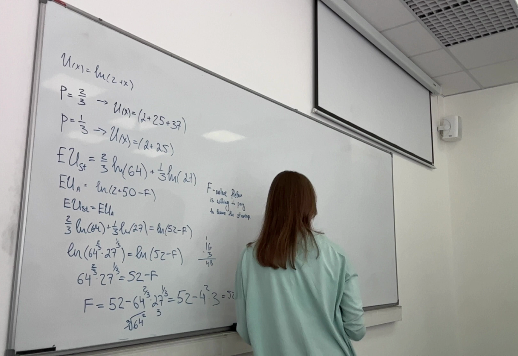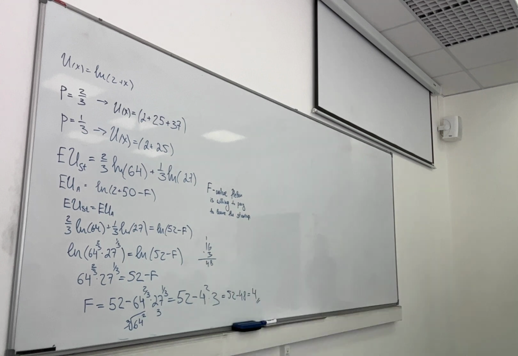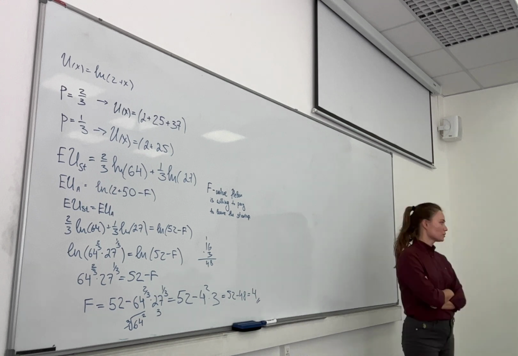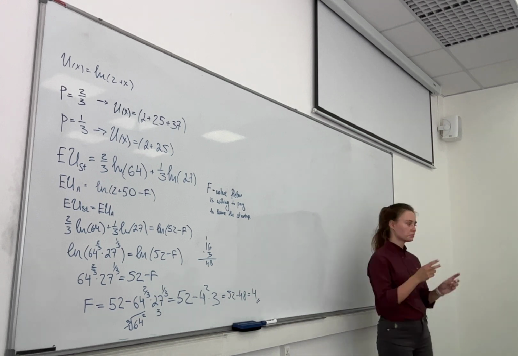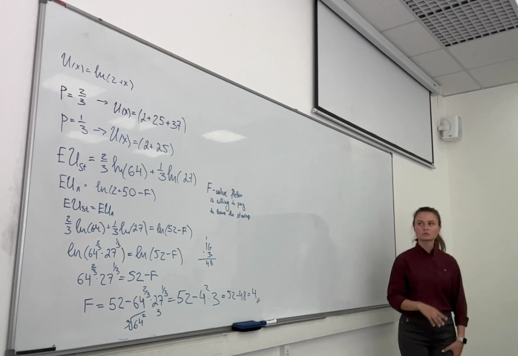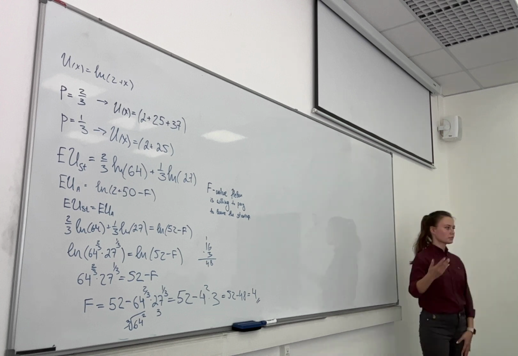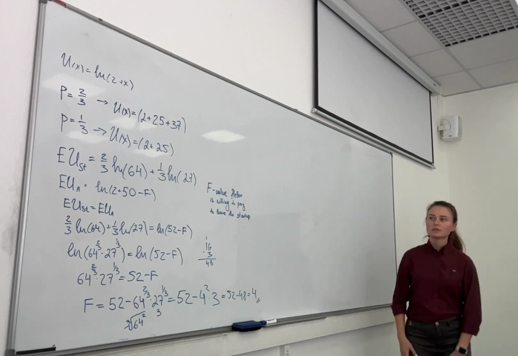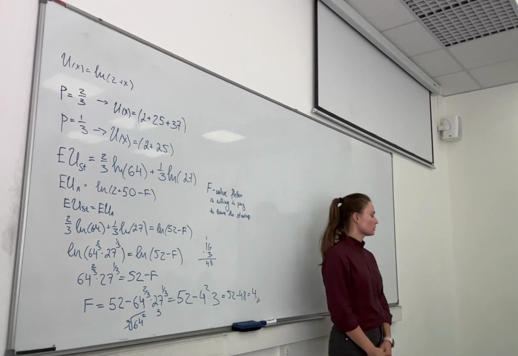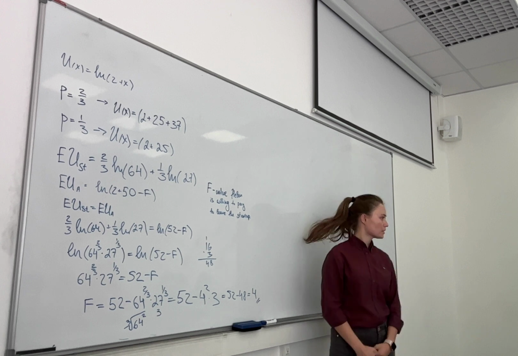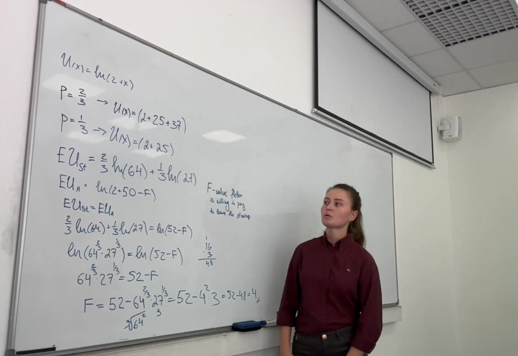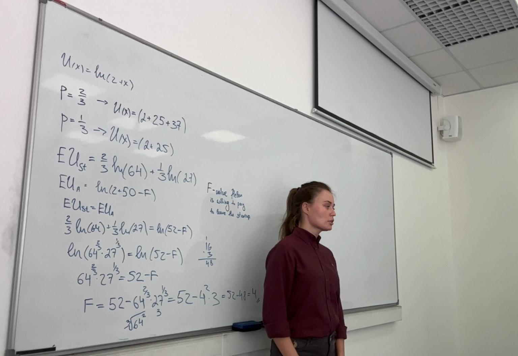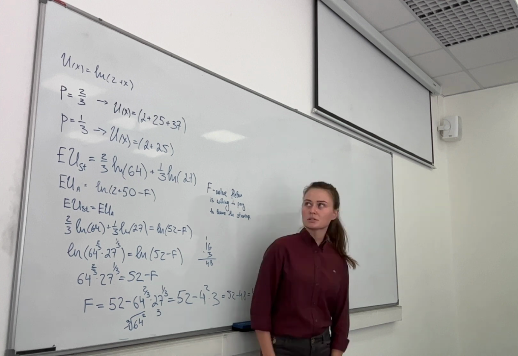So let's discuss one more time what we have. We have two options: to work in the startup or to go to work in firm A. And to work in the startup is risky, because our compensation depends on the probability of startup success.